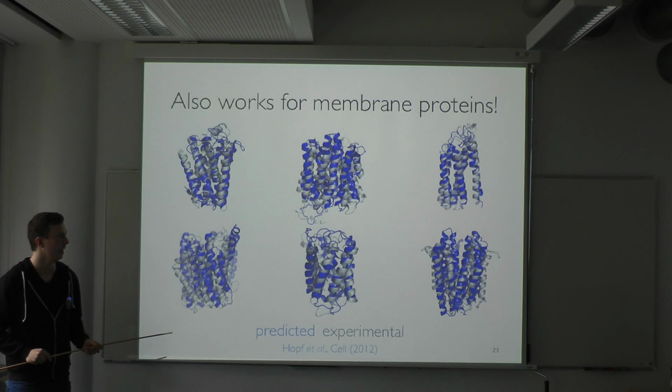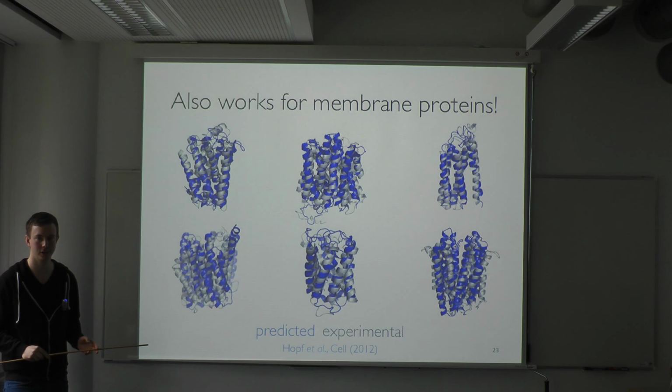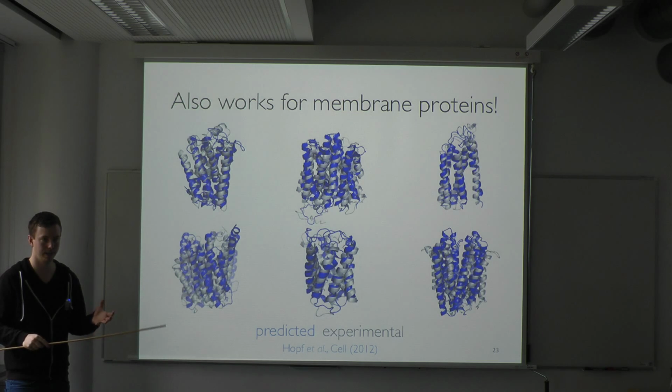Okay. And then the next step, and this is where my master's thesis comes in, was to figure out, can we also predict membrane proteins using the same method? The thing about membrane proteins is they're even harder to get structures of by experiment, because they are sitting in this lipid membrane, and once you take them out of there, they don't have their three-dimensional structure anymore.